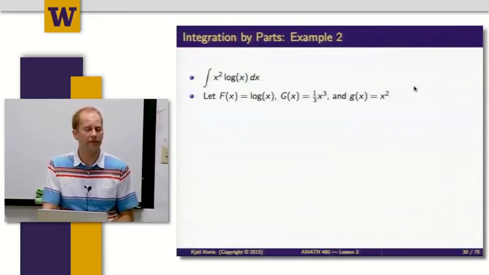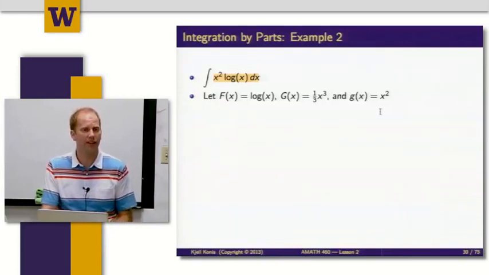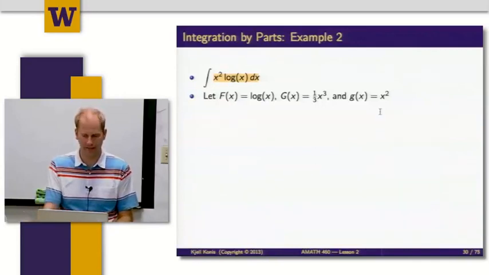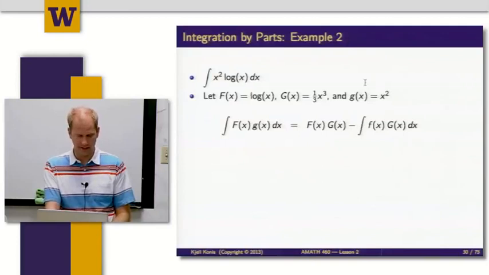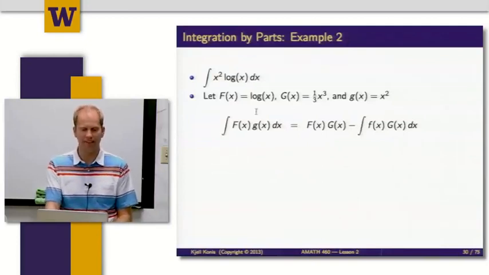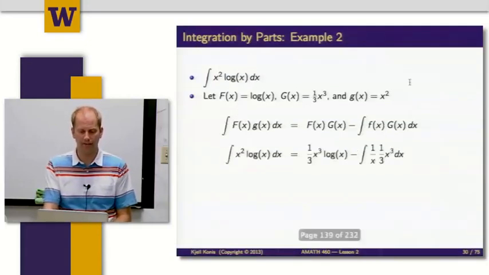And so now we can figure out what the antiderivative of this function is just by plugging these values into the integration by parts formula and hoping that we're able to integrate the term that's going to end up on the right-hand side. So let's see. Yeah, got it right this time. So the integral of capital F of x, g of x, so just plug everything in.